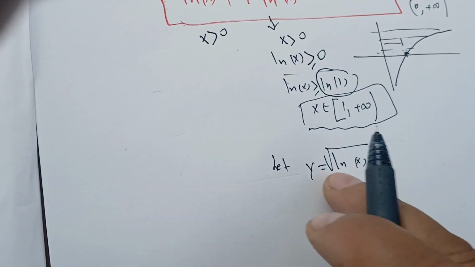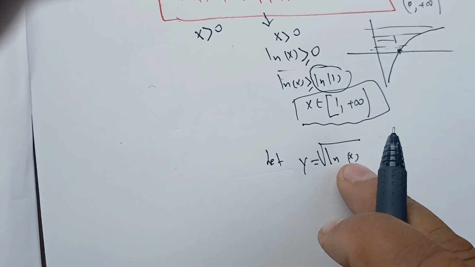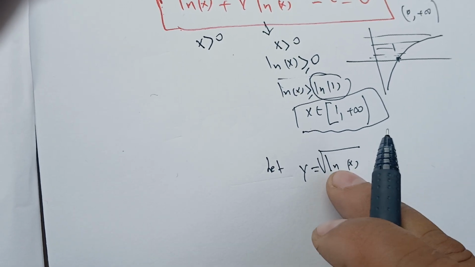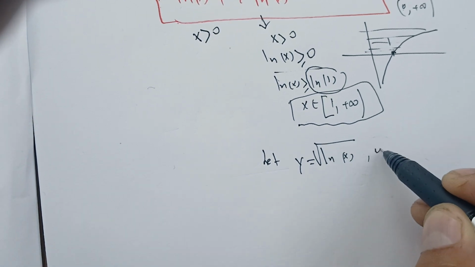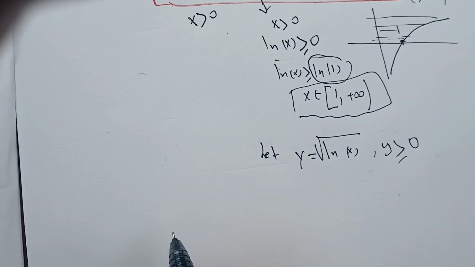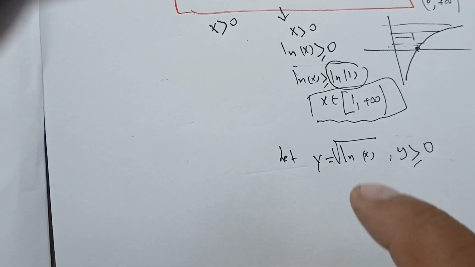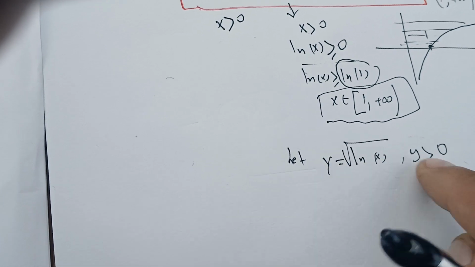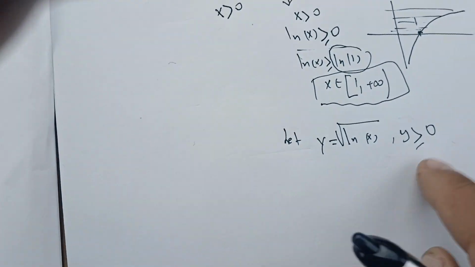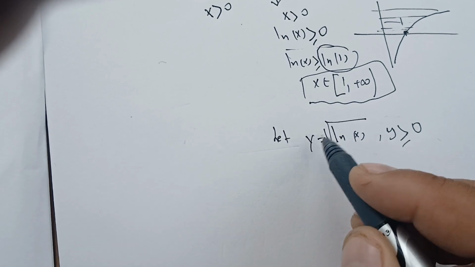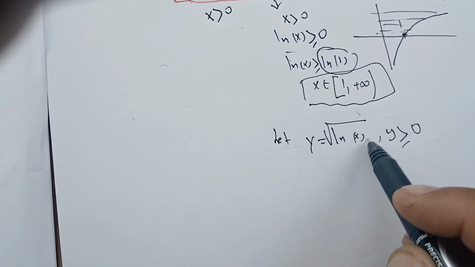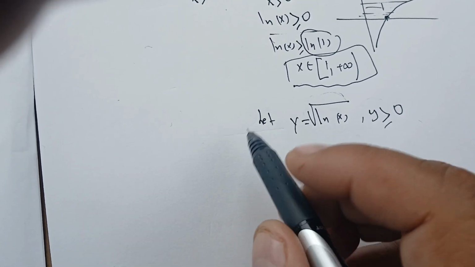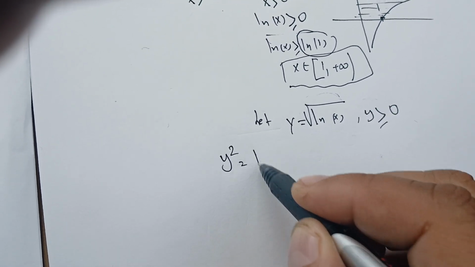What does this condition give us? If x is in 1 to plus infinity, the natural log is bigger than or equal to 0, which means y is greater than or equal to 0. This is good because the change gives us these values. Since these values are positive, we can take the square root: y squared is ln of x.